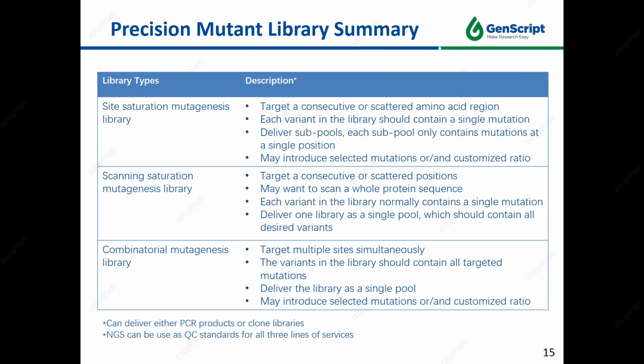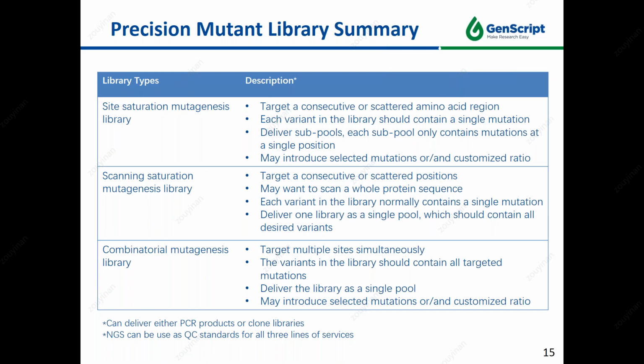All variants containing mutations at the same site will be prepared as one subpool for delivery. If the customer has a preference for amino acids and their ratio at each position, we can actually adjust the mutagenesis range as well as the ratio for them.